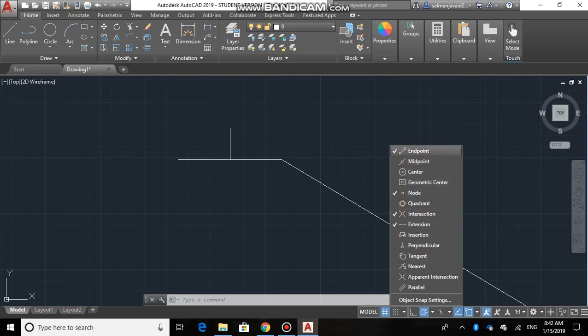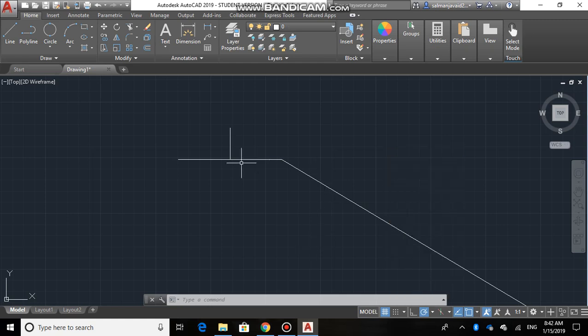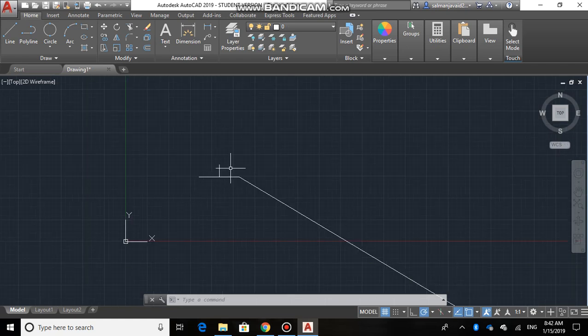Well, mostly in architectural purposes endpoint is necessary and parallel too, but we can still work without using these object snaps. The remaining of these are not necessary for use in architectural purposes, so it is not necessary to use them here.